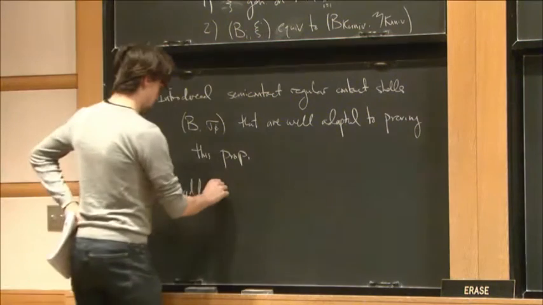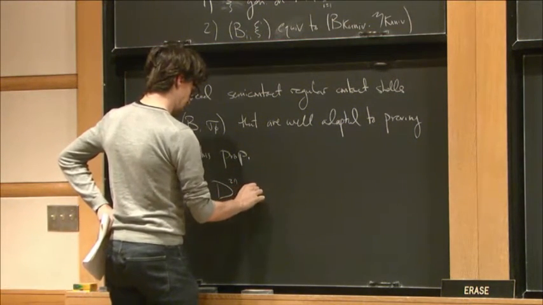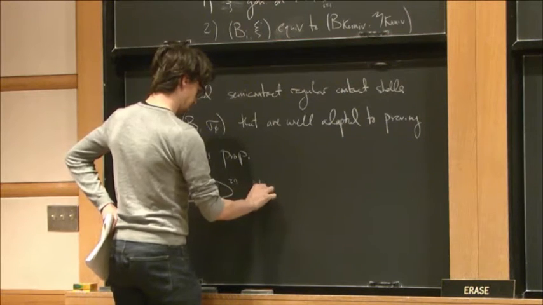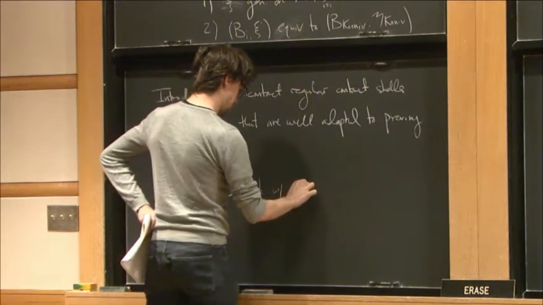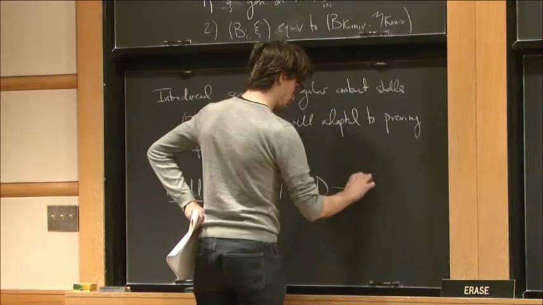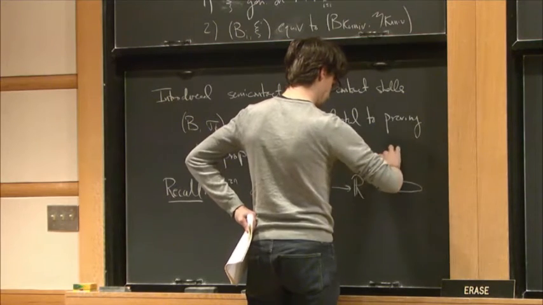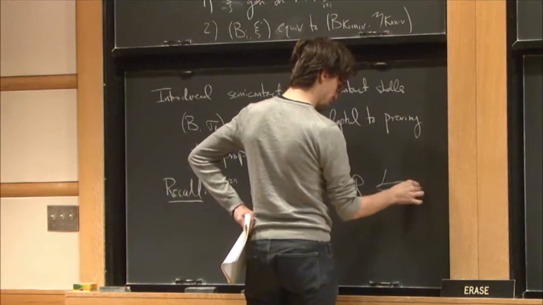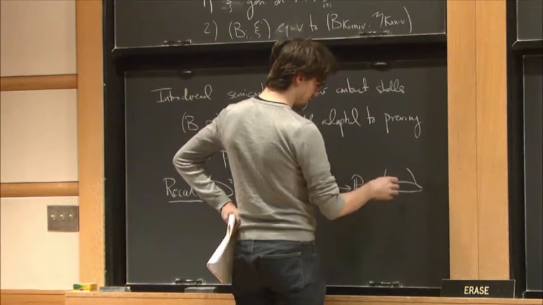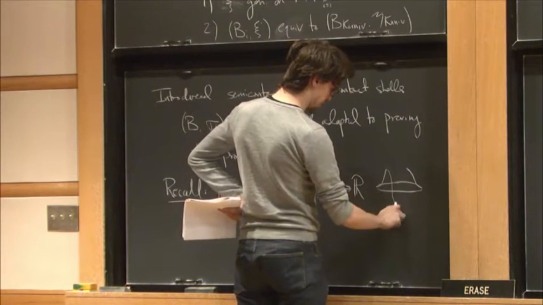So you have a disk D^2n with a function to R. They vanish on the boundary with infinite jet. They're positive near the boundary, and then they can be potentially negative inside.